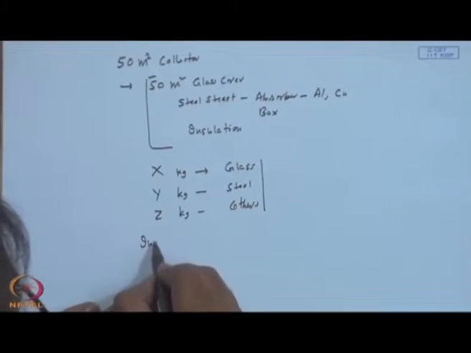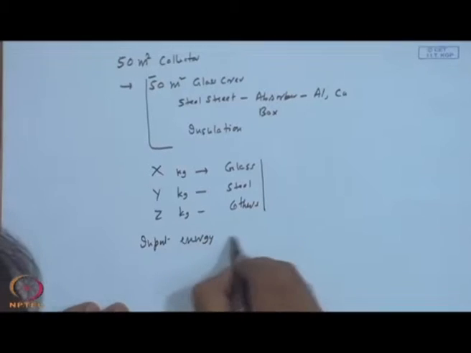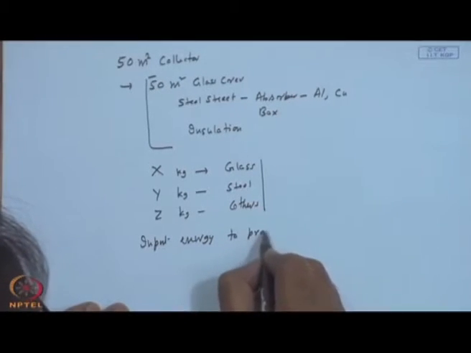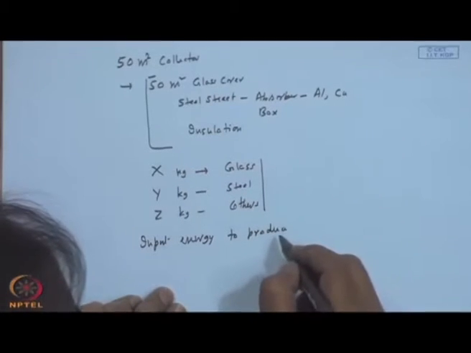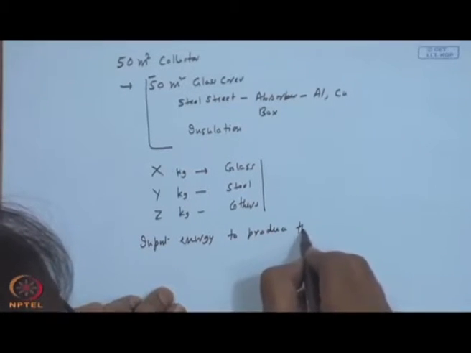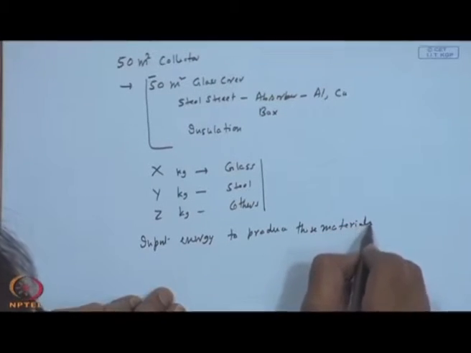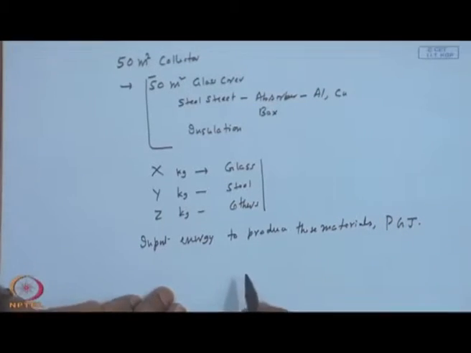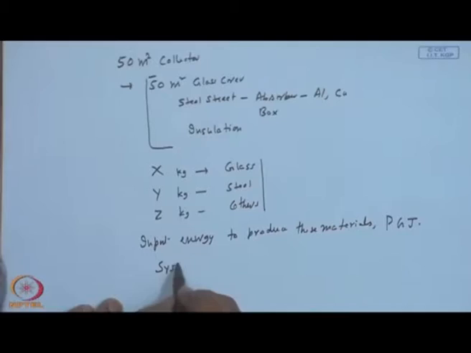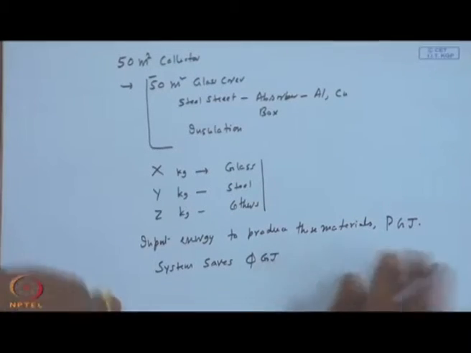The input energy to produce this material, in addition of course to the power required in making etcetera, you can add, is some P gigajoules, and the system saves, say, Q gigajoules.